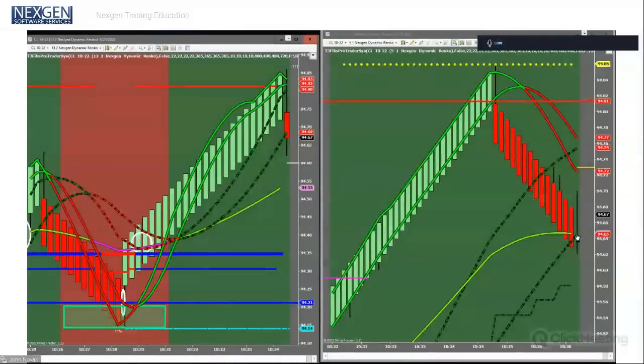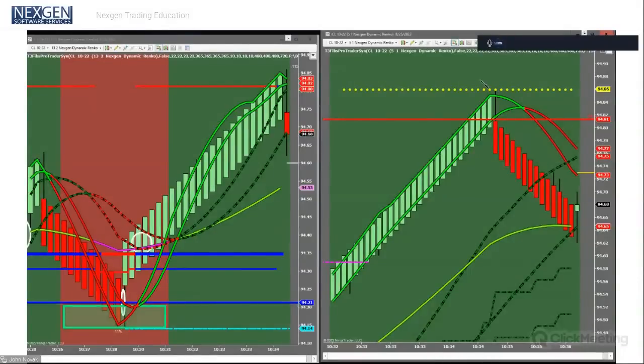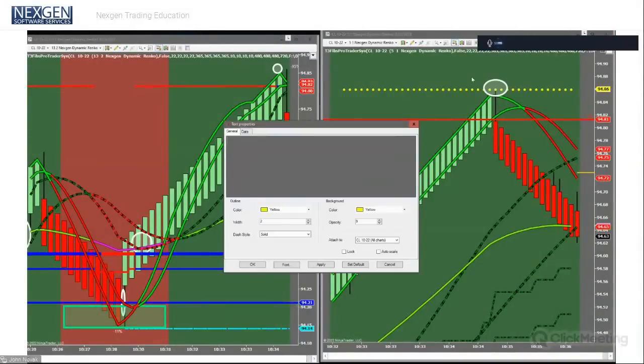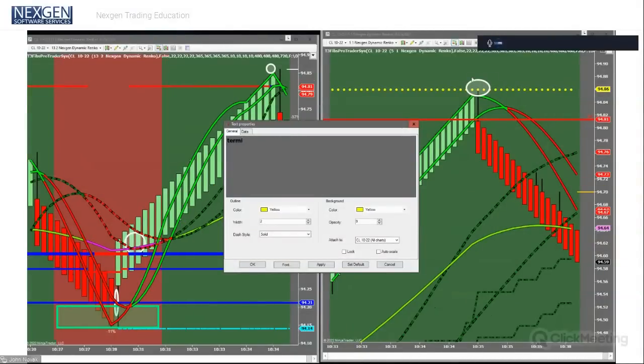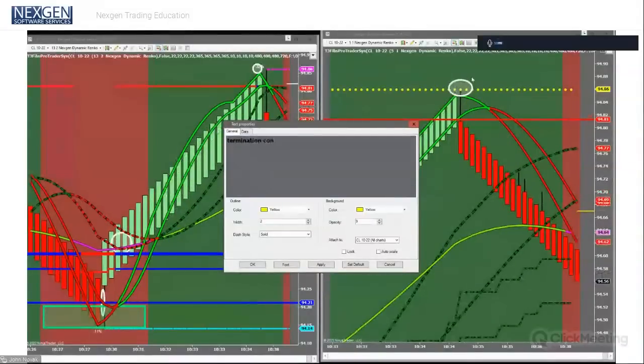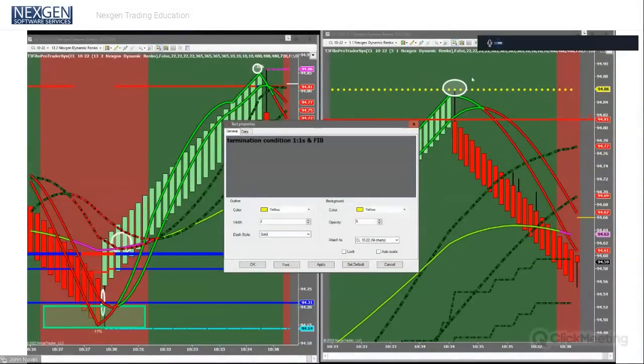It may go, but coming off of 1-to-1s exactly at the high at a fib is not really super beneficial. So for me personally, I would call this a termination condition. Right, 1-to-1s and a fib, that's party over for me.